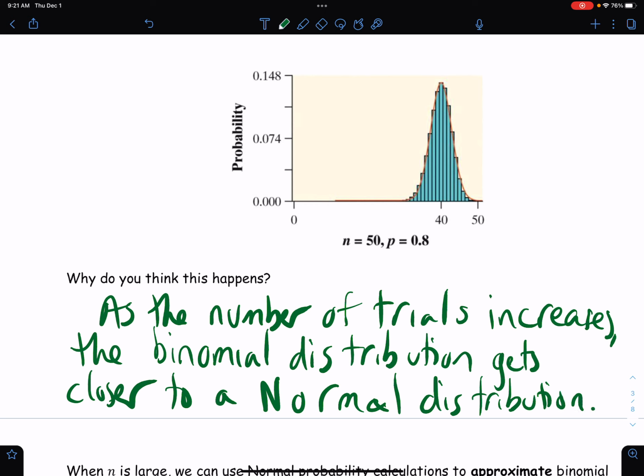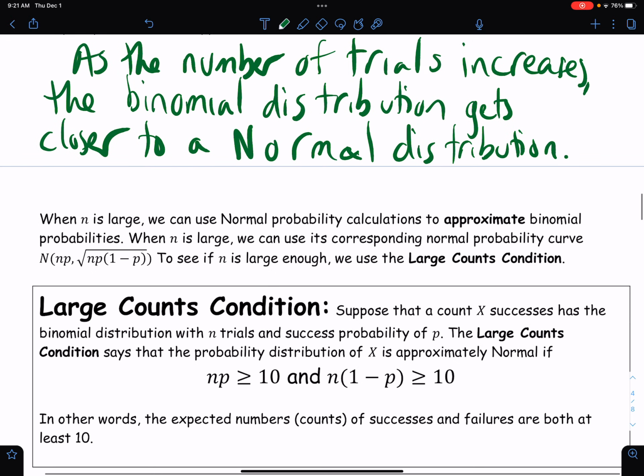So you better believe we're going to be using normal CDF to help approximate if our sample size is large enough. And how we tell if our sample size is large enough is called the large counts condition.